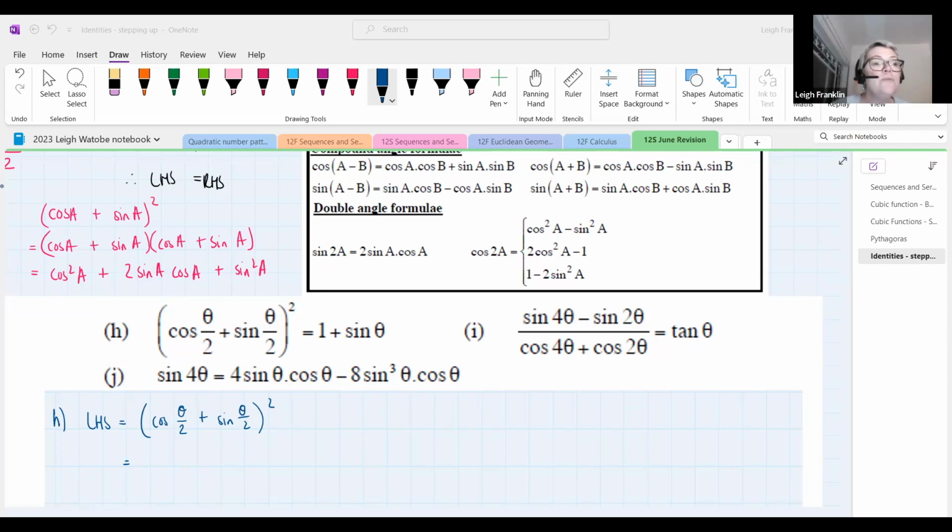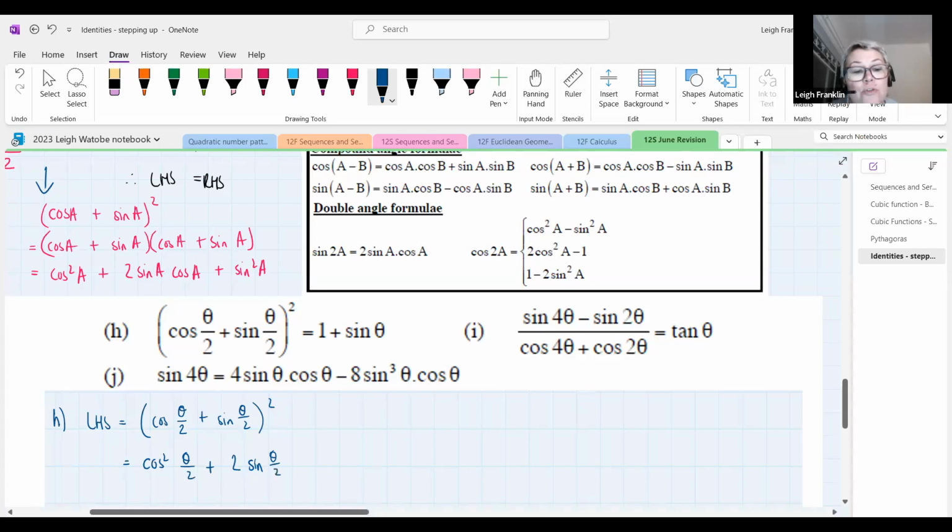Okay, so after I did this on the side over here, hopefully that helped you to proceed with question H. So you are squaring a binomial. You would have ended up with cos squared theta over 2 plus your middle term, which would be 2 sine theta over 2 cos theta over 2, and your last term would be plus sine squared theta over 2.